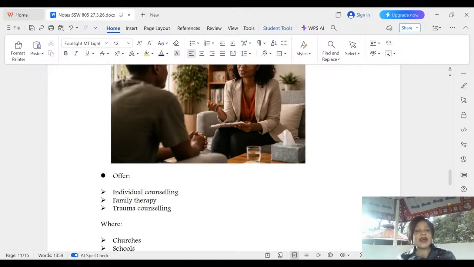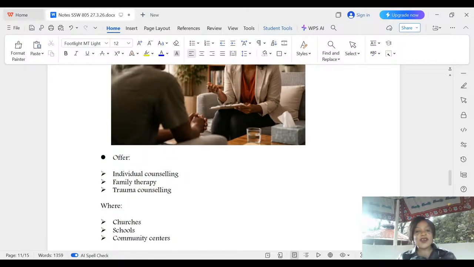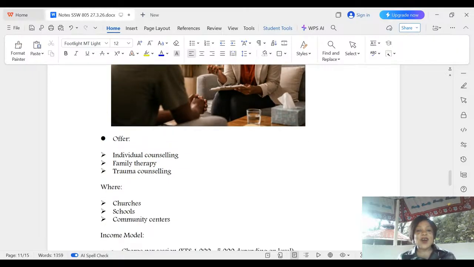And you can link up with churches to provide these. You can link up with schools, community centers, workplaces, various institutions, organizations who are not able to satisfy the demand of their clients.